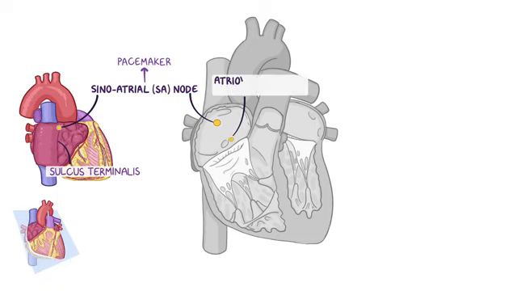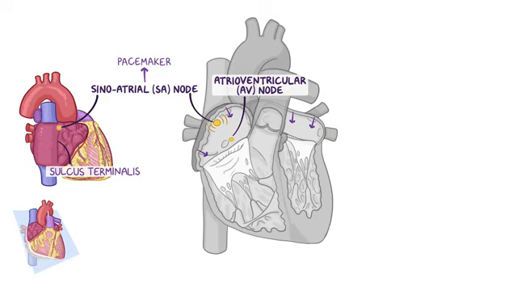Then, there's the atrioventricular, or AV node, which is a smaller bit of nodal tissue located in the posterior-inferior region of the interatrial septum near the opening of the coronary sinus. The way it goes is that the SA node initiates an impulse that's conducted in the atria, making them contract.